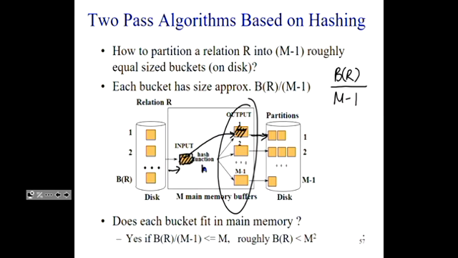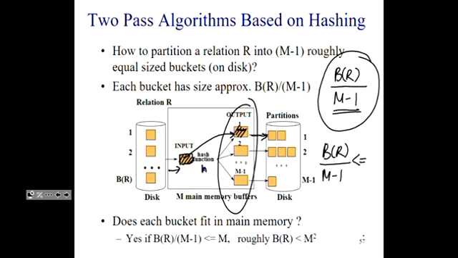So what's the constraint such that each bucket fits in memory? In order for each bucket to fit in memory, the number of blocks within a bucket, B(R) divided by m minus 1, should be less than or equal to m. That's a constraint for this collection of blocks that are part of a bucket to fit in memory. And we'll revisit that in a second.